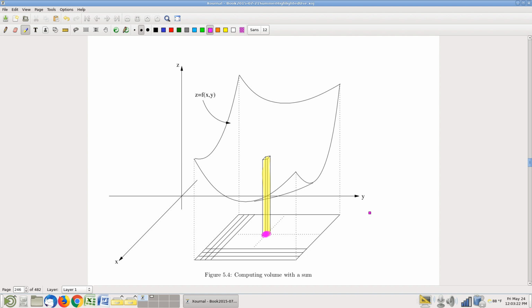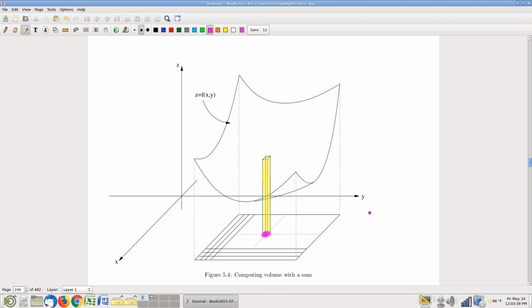Yes, it does. So that's something we need. If I want to mimic the integration strategy that we used in the single variable context, that better be true. And for the volume under a graph question, it is true.